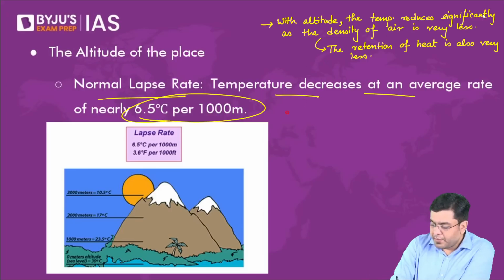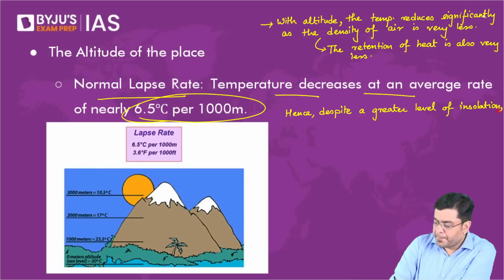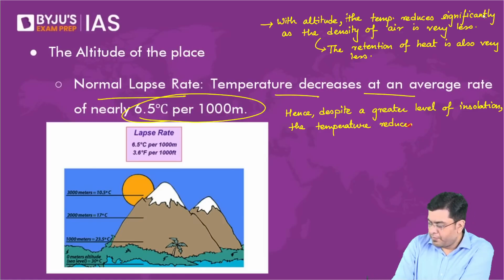That is why, despite the greater level of insolation, the temperature reduces with height.